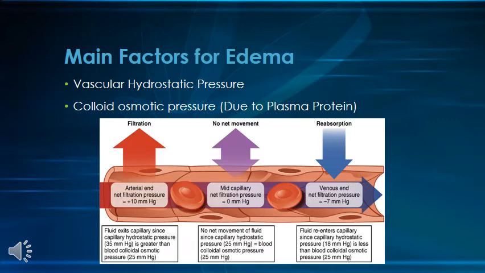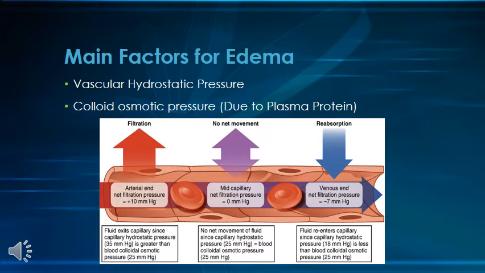At the arteriolar end, normal hydrostatic pressure remains around 35 millimeter of mercury, whereas osmotic pressure is less than hydrostatic pressure, and osmotic pressure remains 25 millimeter of mercury.